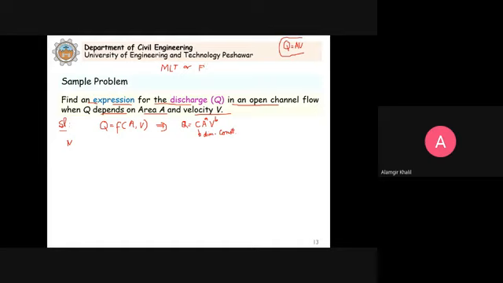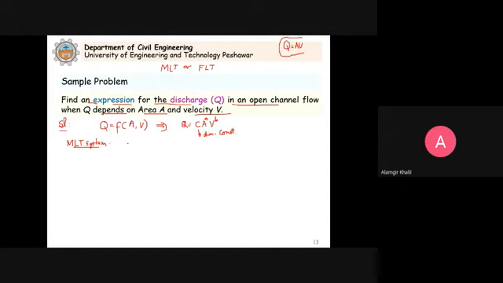So it is not a question of which system to choose. Let us use the MLT system to deal with the dimensions of these quantities. What we have to do is write down the dimensions of these quantities.